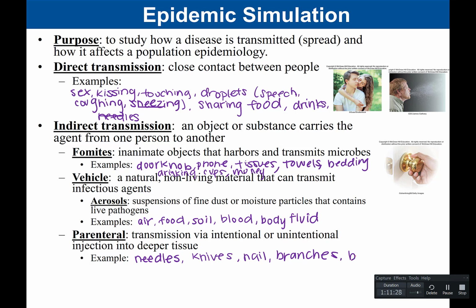We could have broken glass, etc. And so different diseases have different modes of transmission. And in some cases, diseases can be transmitted through multiple ways.